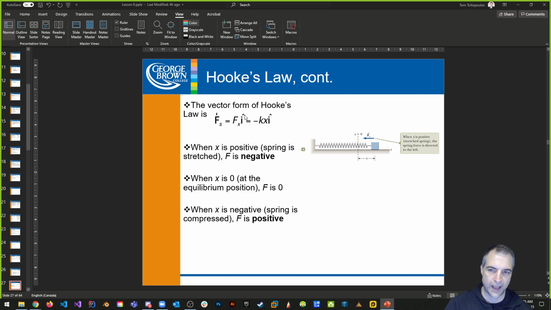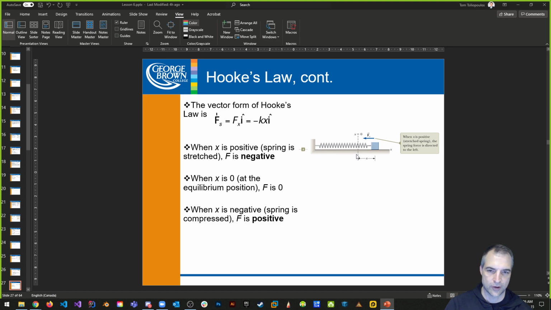And usually we have this little hat that says this is the component of the force. So we can say that the force across the x-axis, or the spring force, is equal to negative kx i component. When x is positive, the spring is stretched, or elongated, then F is negative.